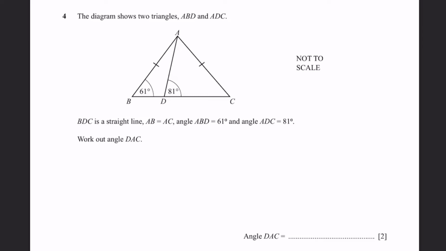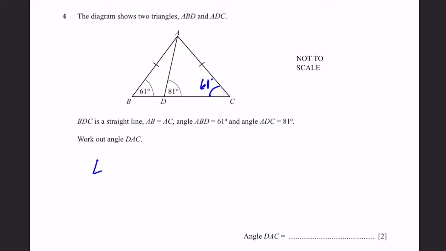Why would it be given? Of course, it has to be related to the question. And we can see that these two lines, AB and AC, are equal in length. Therefore, we can put this together and realize that this isosceles triangle ABC means that angle ABC is the same thing as angle ACB, 61 degrees there. So this is 81, this is 61. Now you can find angle DAC.